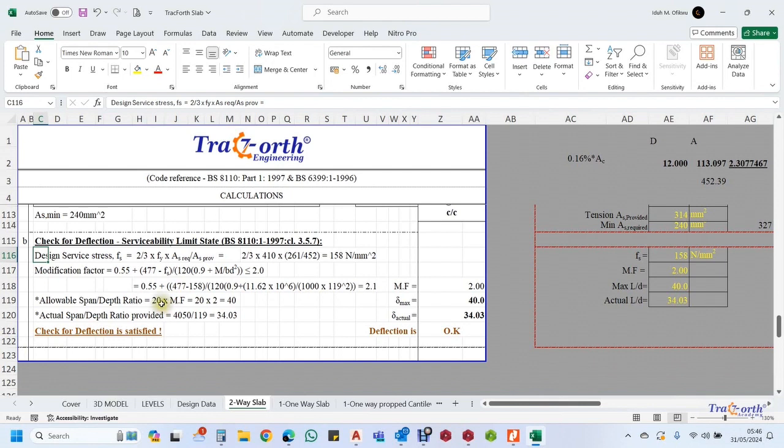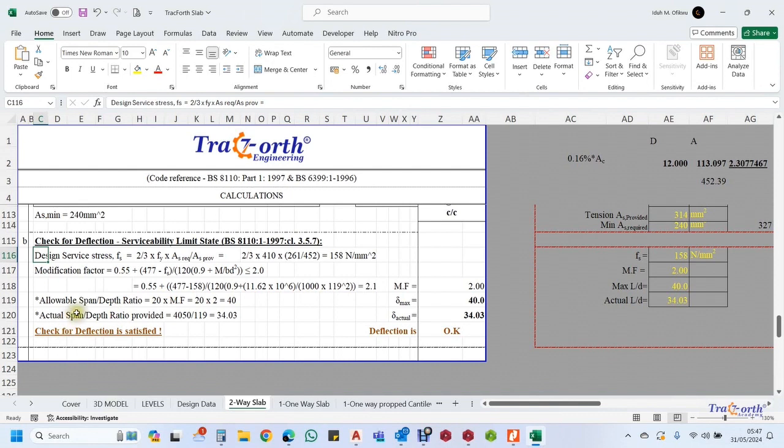That's the allowable span depth ratio, 20, multiplied by the modification factor, which is 2, gives 40. So there are tables, even some literature, that provide this. Depending on the code you are using, this may be calculated differently. This may also be specified differently.